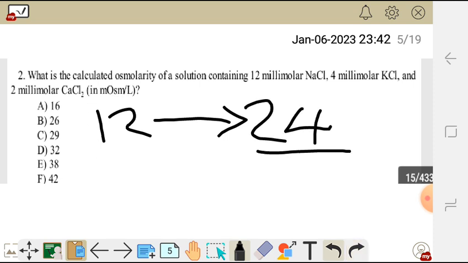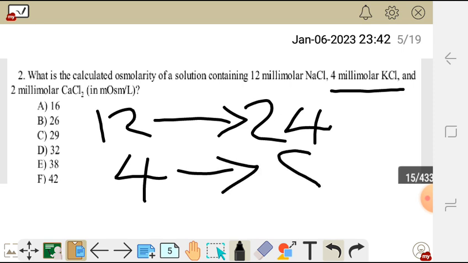So these are the active osmoles for sodium chloride. And then for potassium chloride, it has 4, so it will also dissociate. So 4 will equal 8 milliosmoles.